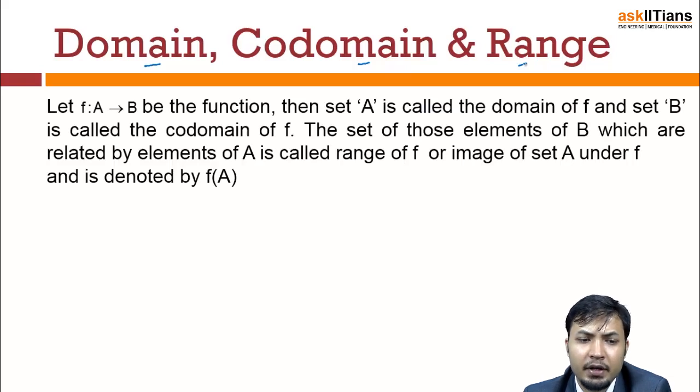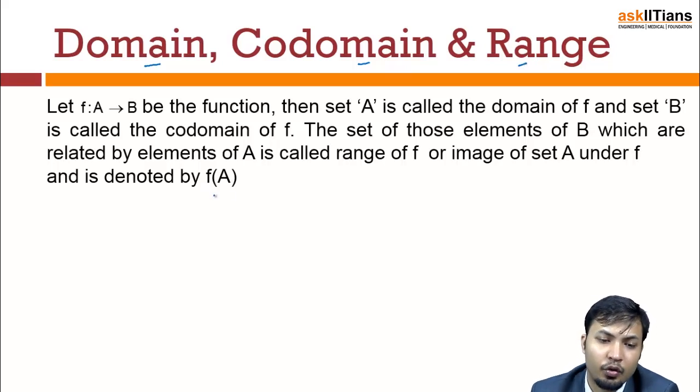Now let there be a function f from A to B. Then set A is called the domain of f and set B is called the codomain of f. The set of all those elements of B which are related by the elements of A is called the range of f, or the image of set A under f, and it is denoted by f(A).